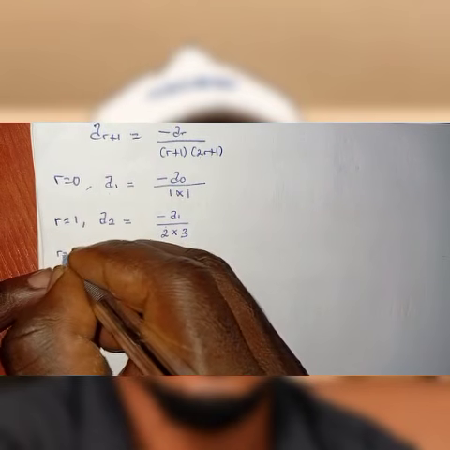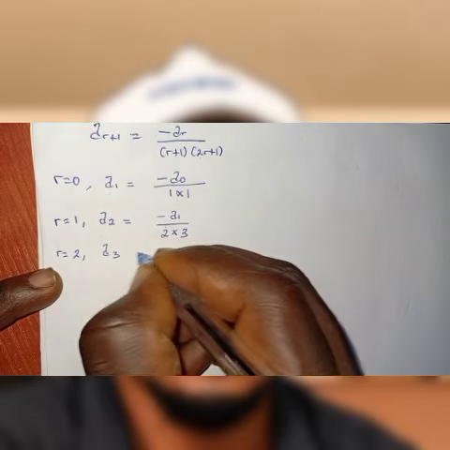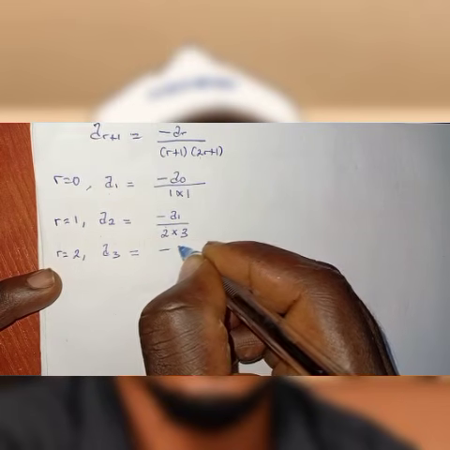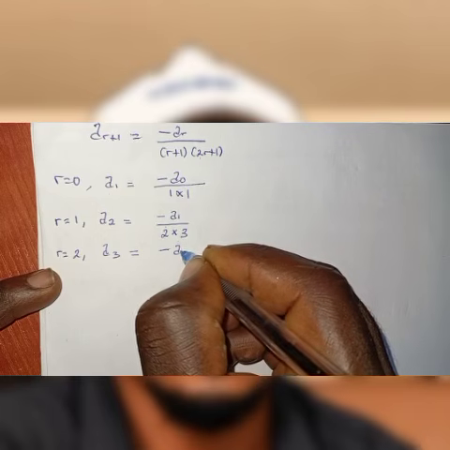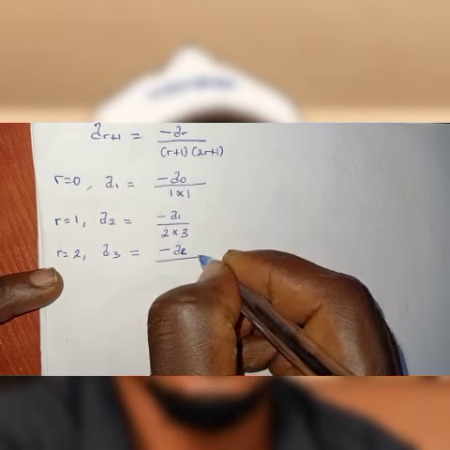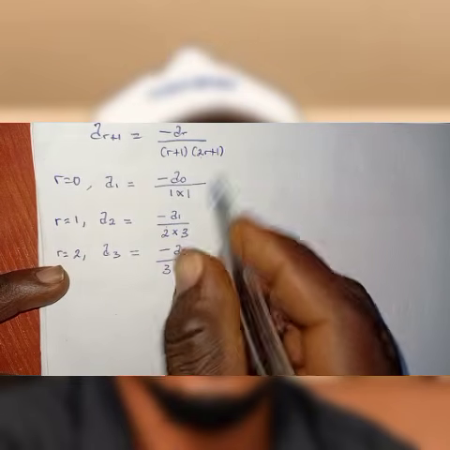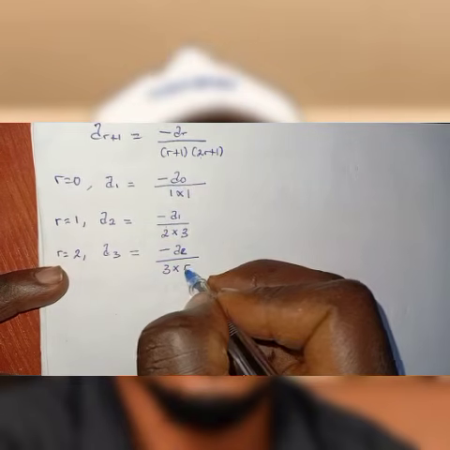Well, when r equals to 2 now, we're going to have a_3 equal to minus a_2 over 2 plus 1, so we have 3 multiplied by 2 times 2 is 4, plus 1, that's 5.